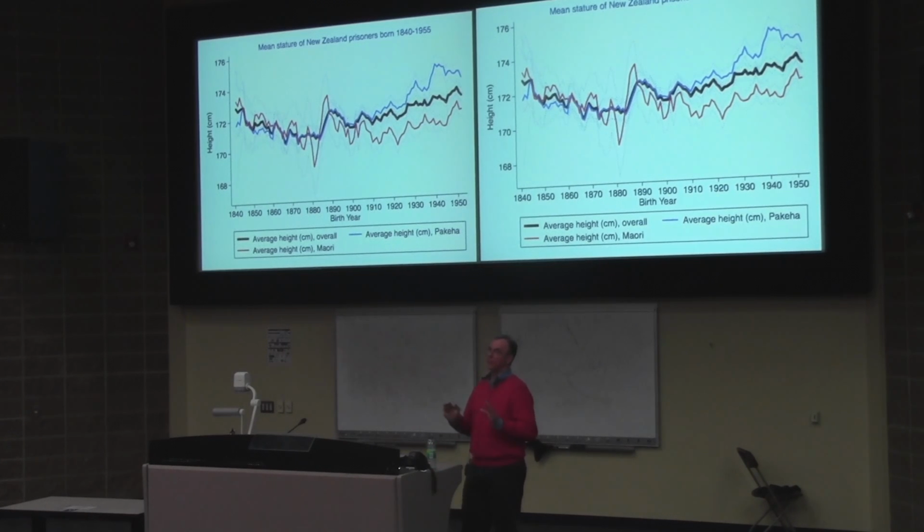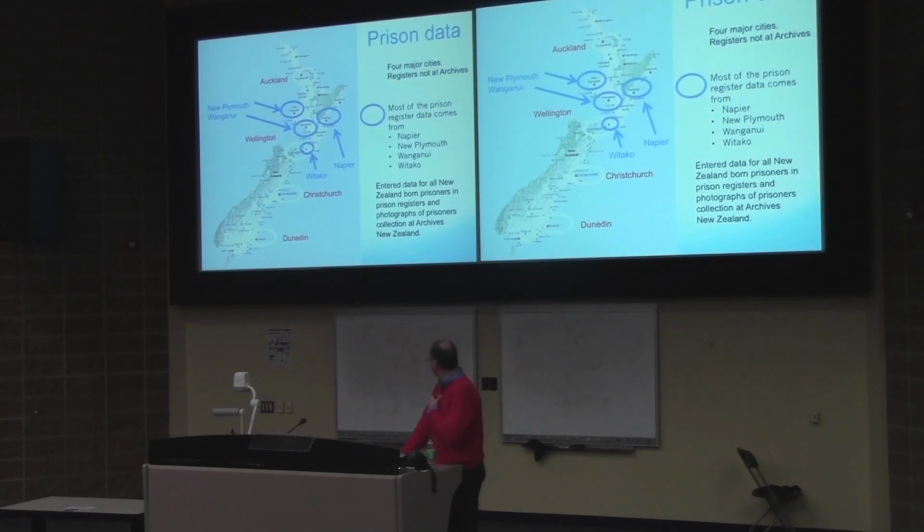So it's useful here because the prison data, not from all the prisons, have in fact the very biggest urban prisons, but from the prisons whose data have been available to us, it looks like there's a pretty clear story that is consistent with what we see in the military records.